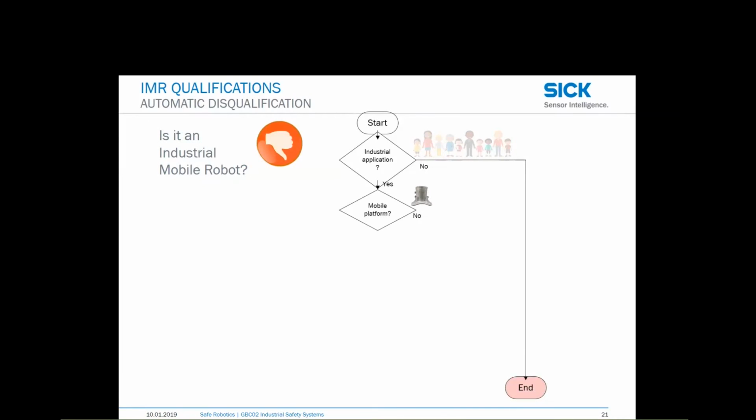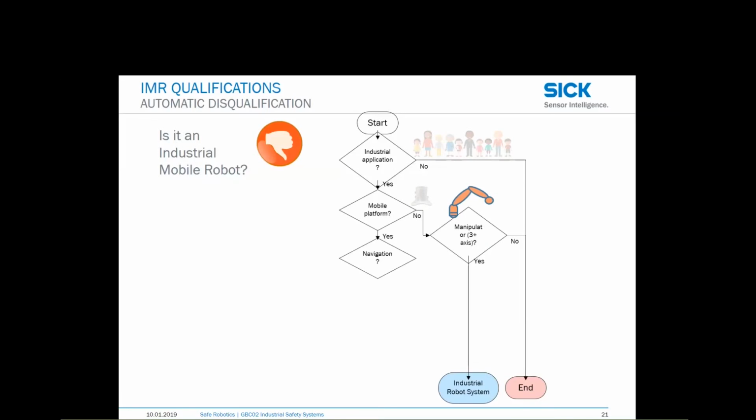If it isn't a mobile platform and it's stationary, okay, then if it has a manipulator of three or more axes, well, we know that there's a standard for that, and that's an industrial robot system. That's covered under the R15.06, so it will not be covered by this standard.